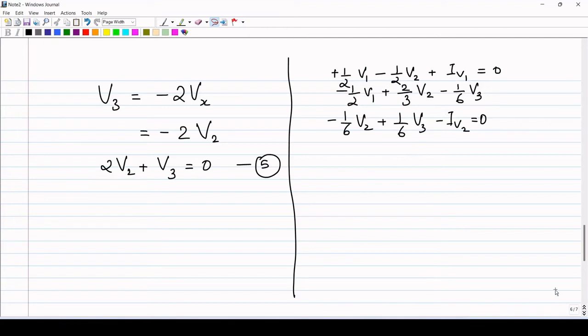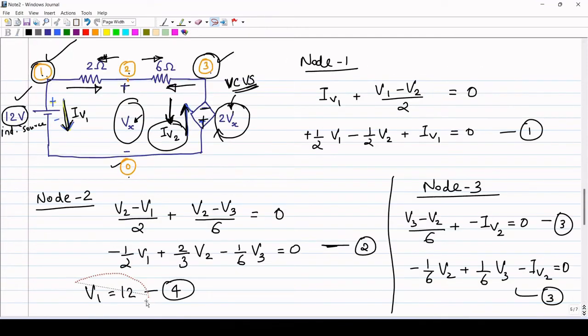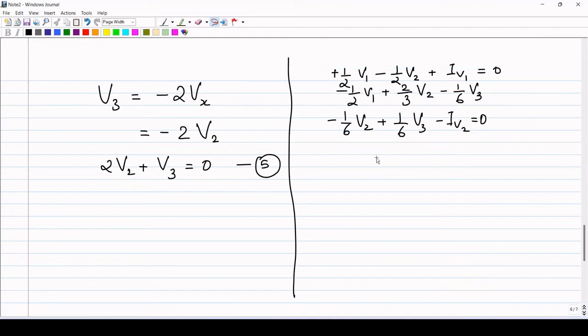Okay, third equation is written here. Now fourth equation is this one, V1 equal to 12. Fifth equation is 2V2 plus V3 equal to 0.